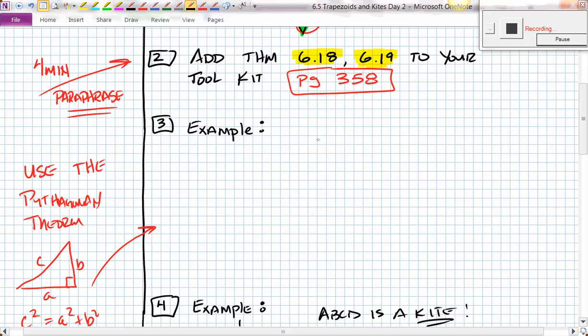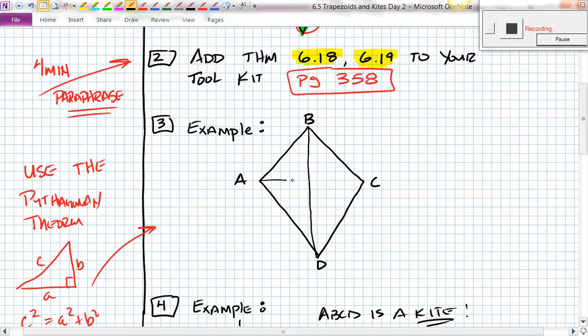So draw yourself a kite for this example, and let's call the kite A, B, C, and D. Also, draw in the diagonals of the kite. So let's draw B to D, and let's draw A to C.